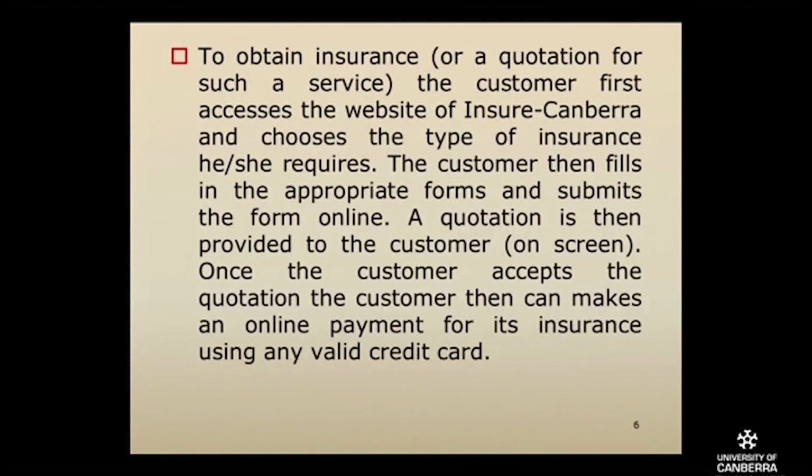And here is the scenario in the second paragraph. To obtain insurance, it could be a boat, house, car, contents insurance, or just a quotation for an insurance, the customer goes to the website of this company, chooses the type of insurance they want, fills in the form, and a quotation is then sent to the customer on their screen.